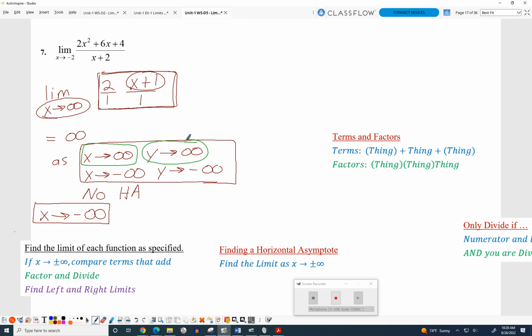If the y value is just growing forever or shrinking forever, that's not a horizontal asymptote. So any number other than infinity gives a horizontal asymptote. Better? And it's not saying that the x and y are equal as they go on, because the y would be 2 times bigger. That is correct. Yep.